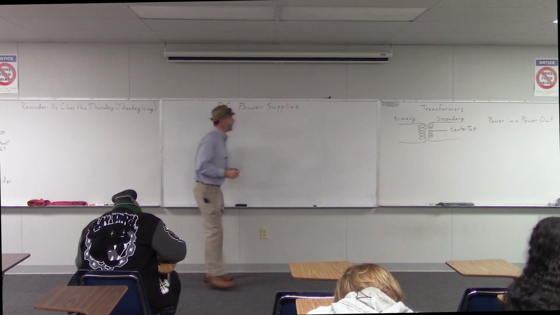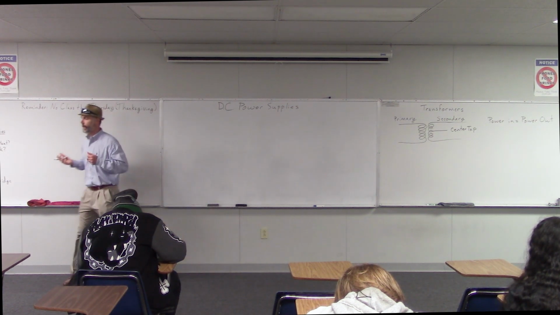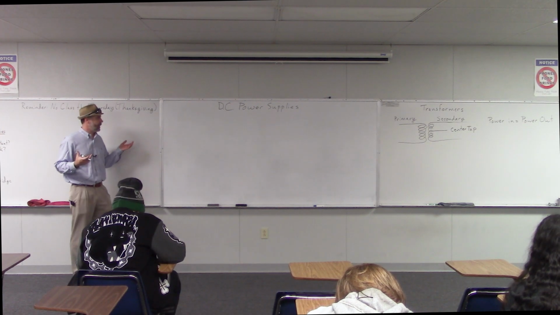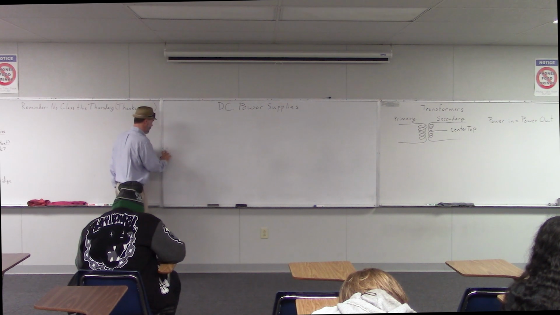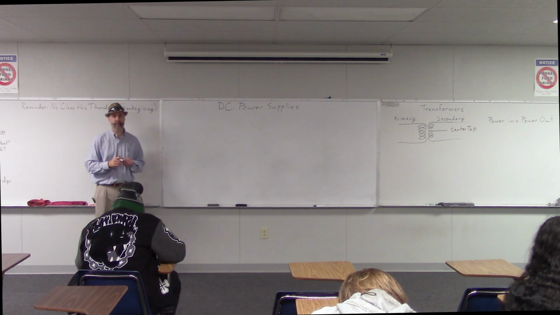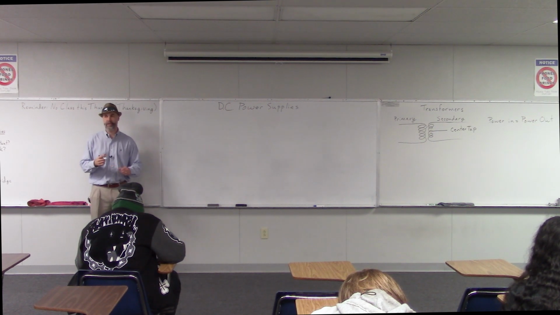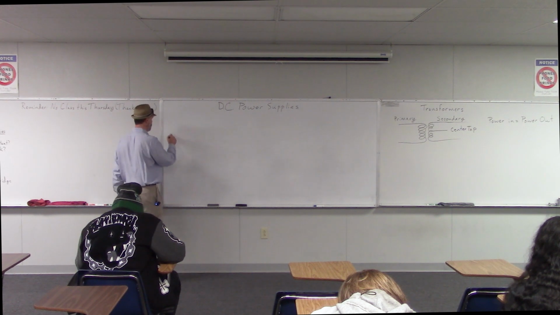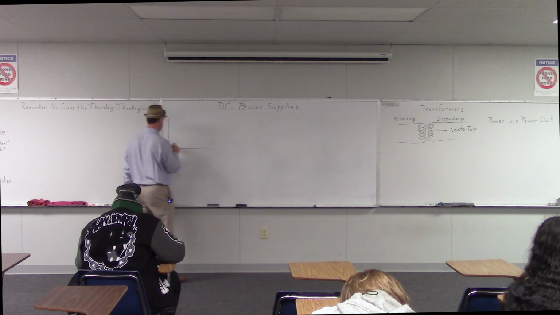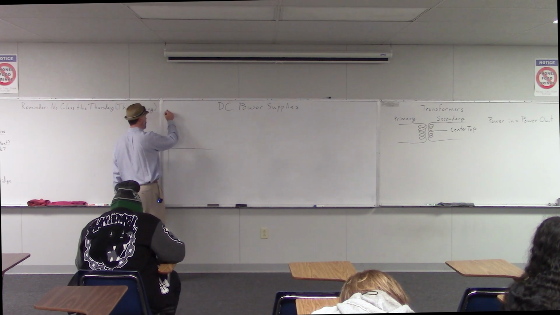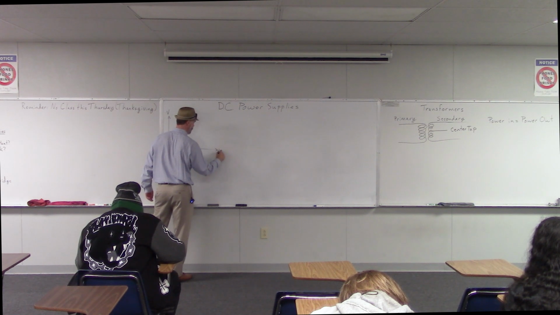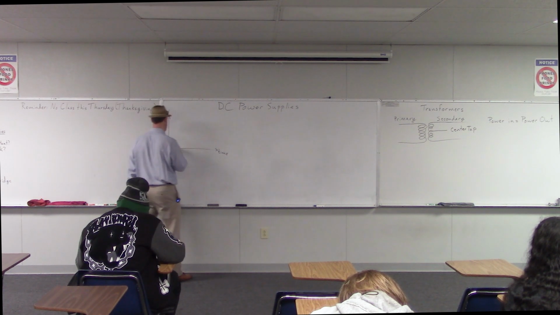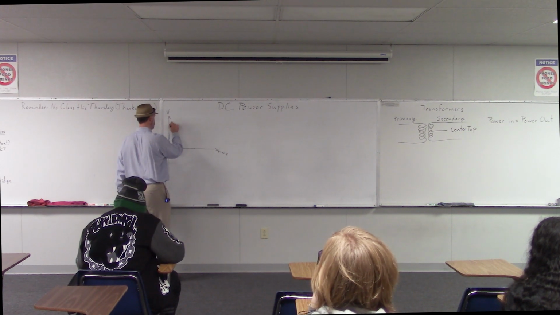DC power supplies came about because there was this problem. The problem was that people used AC electricity, and they transmitted AC electricity because it was really nice and efficient to transmit it down a power line. So AC electricity, if we're looking at the voltage over time, looks like this.